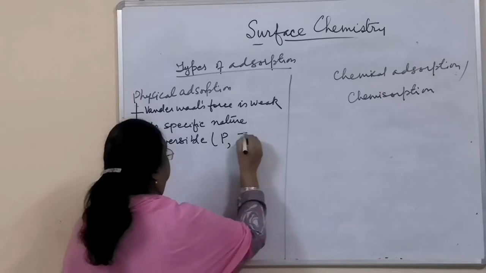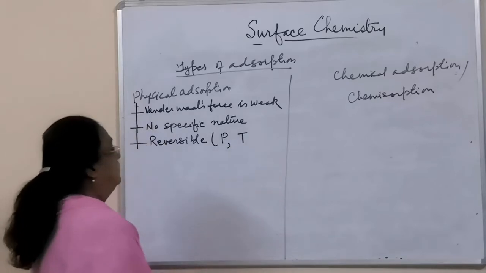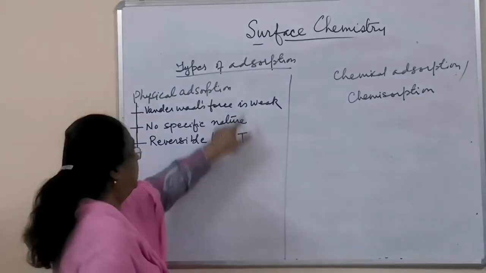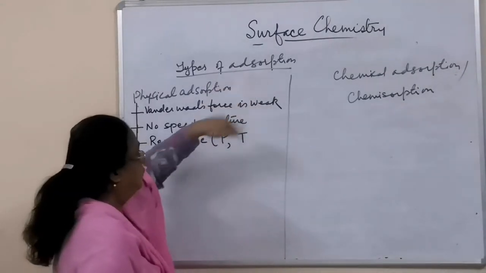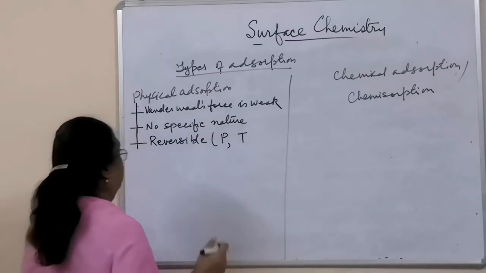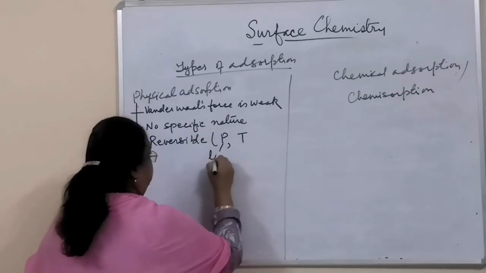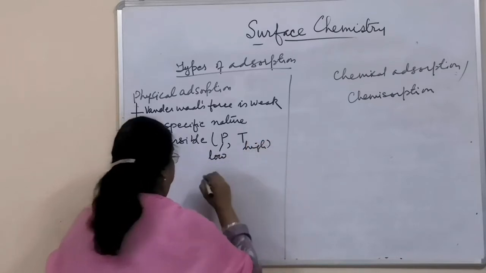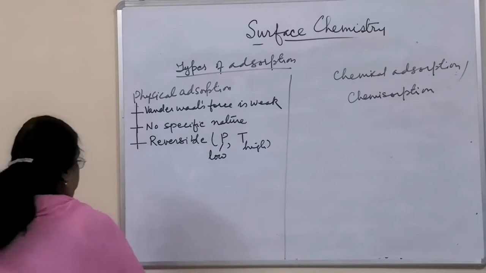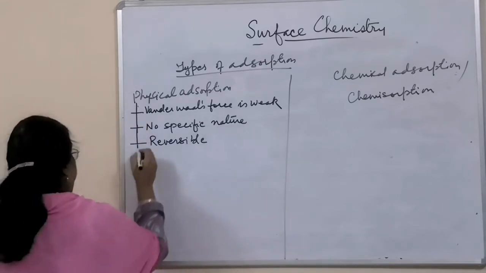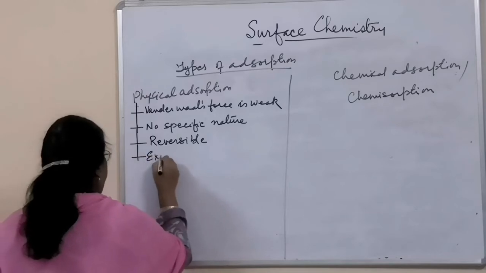And temperature, you know that it is inversely proportional. If you keep temperature low, adsorption will be higher. So if you want to remove the gases, you will have to decrease pressure and increase temperature. So the process will be reversible at low pressure and high temperature. So remember that.